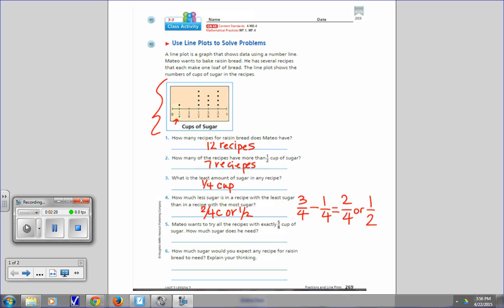So it's smaller from here to here. It's smaller by a half cup. It's less sugar by a half cup.